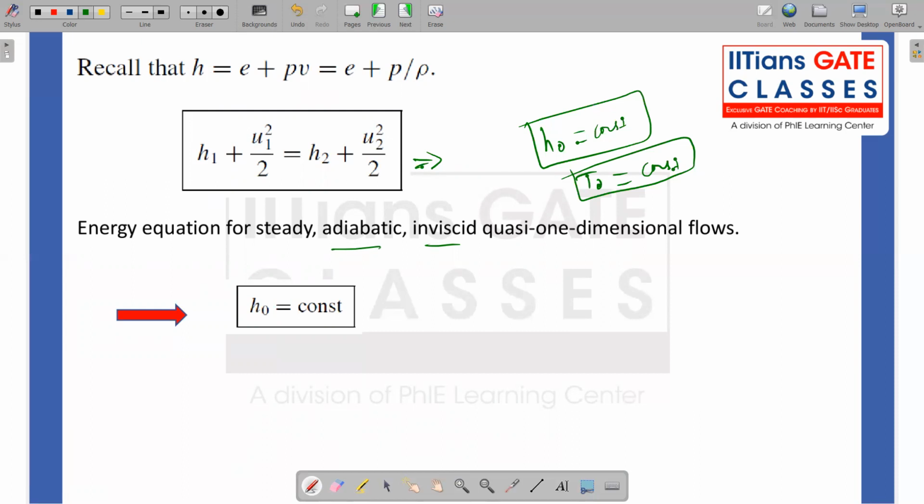So now, in theory, we can actually solve for a given flow field if I have these governing equations plus two thermodynamic relations. That is, the equation of state P is equal to rho RT, and H is equal to CP T or E is equal to CV T, whatever.